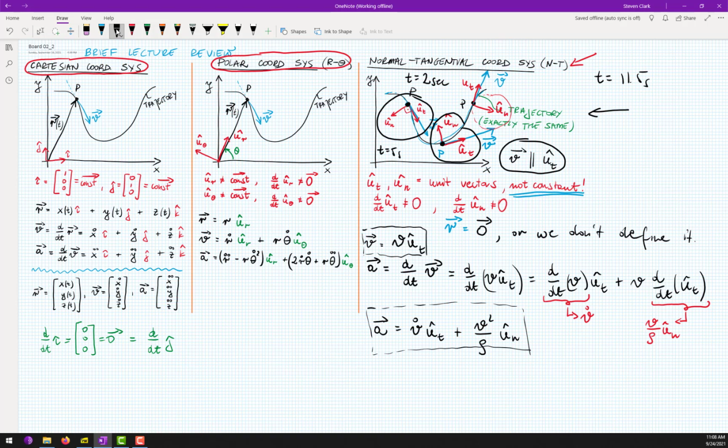If we don't define position, then we use another coordinate system for position. Yes, exactly. This coordinate system is not used to define position because it is just attached to the point. It travels with the point.